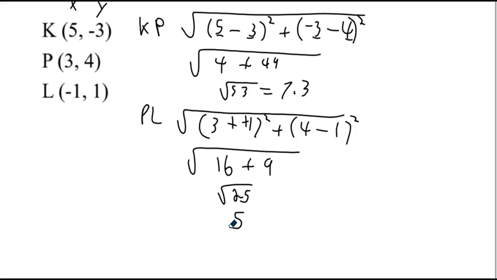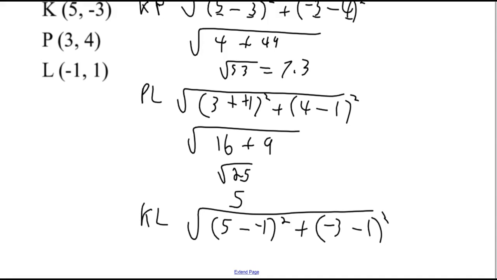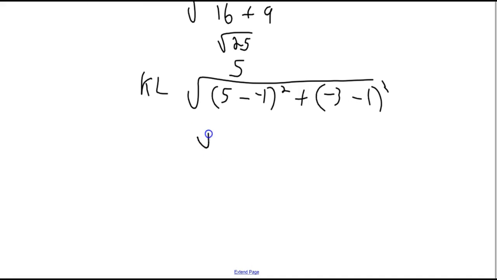And last, we're going to do KL. So again, put my parentheses. Put in K. Put in L. Now put in my Y's. K, L. And crunch the numbers. 5 plus 1 is 6.